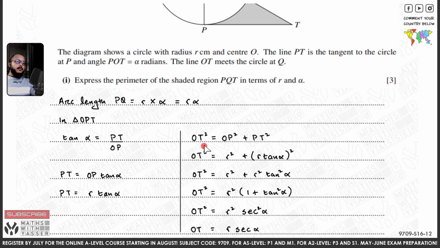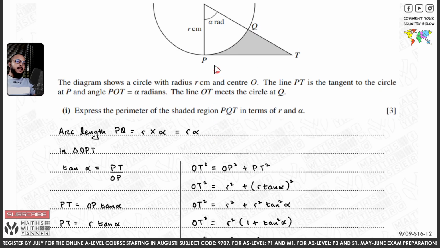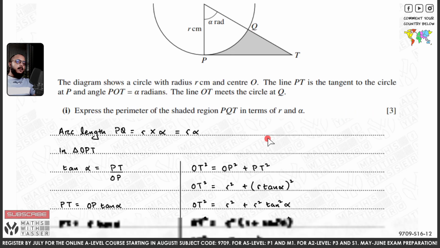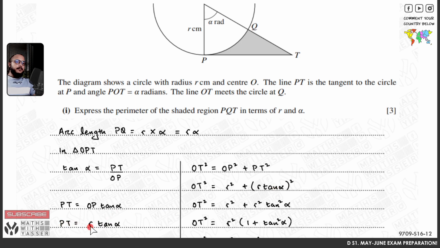Then we know that radius and tangent meet at 90 degrees. So the triangle OPT must be a right angle triangle. So we can use the Pythagoras formula to find OT. So OT square is equal to OP square plus PT square, and OP is R, so R square, and PT is R tan alpha, which we found earlier.